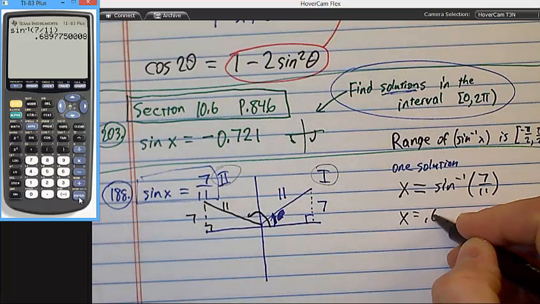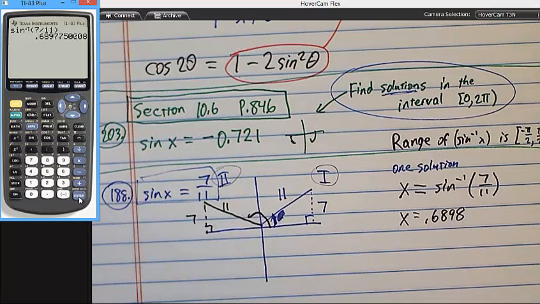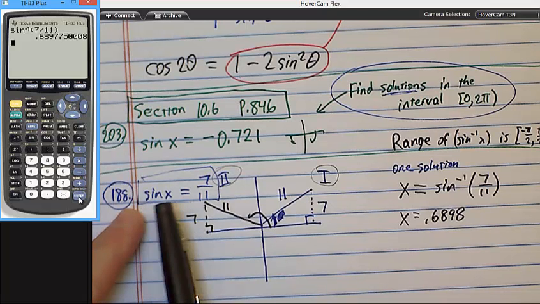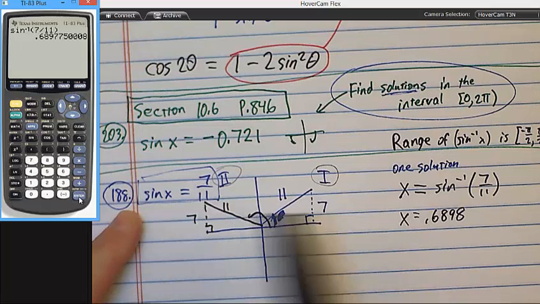0.6898. Tyler, question? Why are you taking the inverse function and the arc sine instead of just the regular sine? Well, it doesn't say sine of 7/11. It says sine of some angle x equals 7/11, right? I want to find the solution. I want to find x.